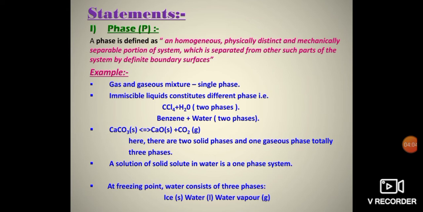So totally there are three phases. Next example, a solution of solute in water is a one phase system. For example, if you mix sodium chloride in water, it gives a salt solution. Here there is only one phase.